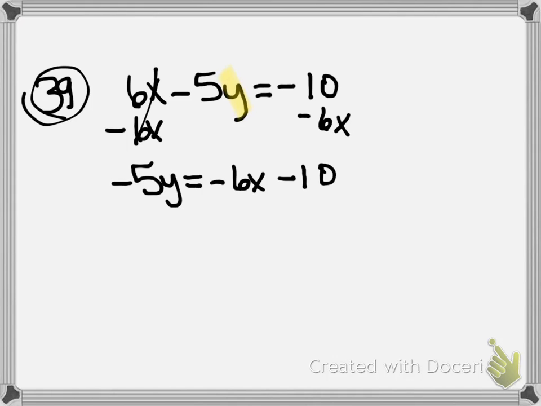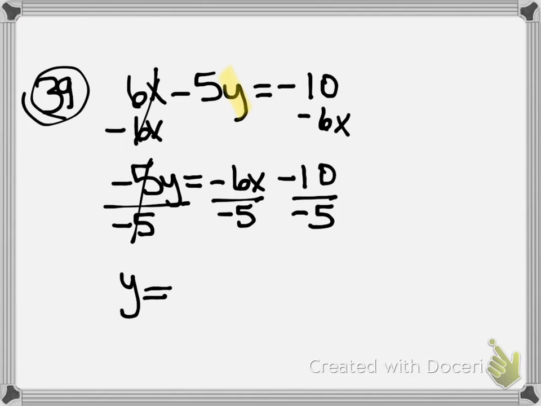Now this coefficient on the y has to be dealt with, so we're going to divide every single piece by negative 5. You're going to divide each piece individually by negative 5. So then y will equal, now negative 6 over negative 5 will turn into a positive 6 over 5, and negative 10 over negative 5 will turn into a positive 2.